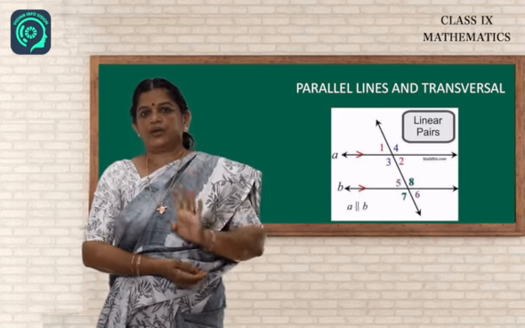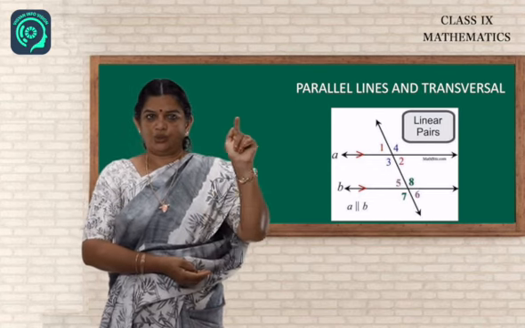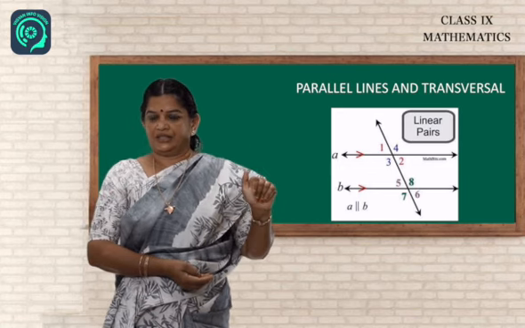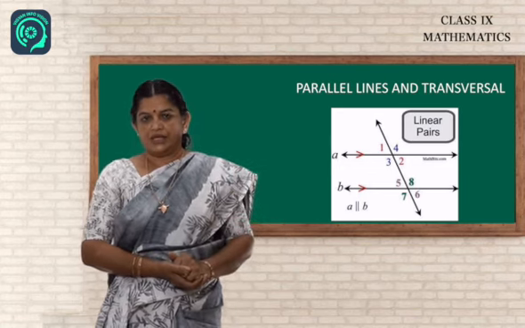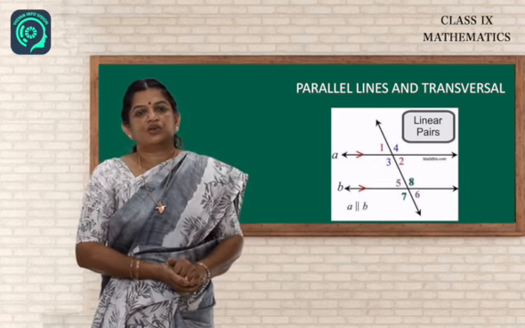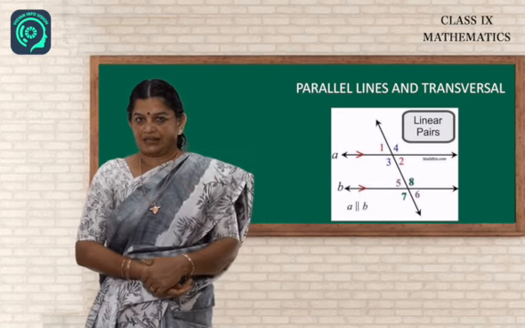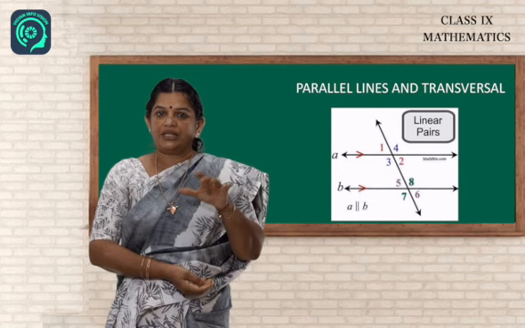Okay. So, 4 pairs of corresponding angles are 1 and 5, 2 and 6, 3 and 7, and 4 and 8. These are called the pairs of corresponding angles, and 2 pairs of alternate interior angles and 2 pairs of alternate exterior angles.